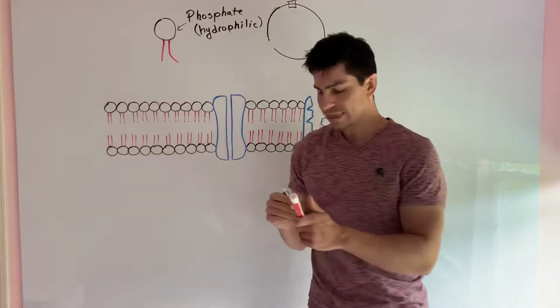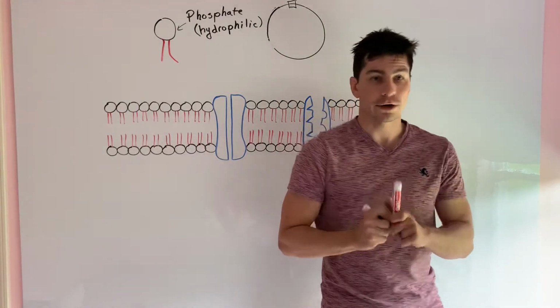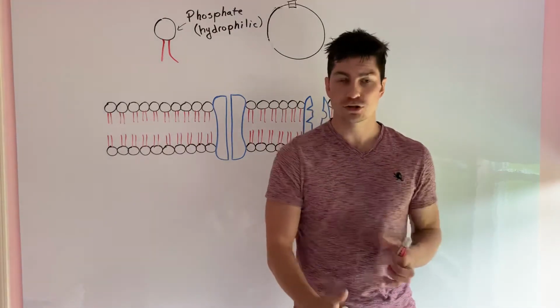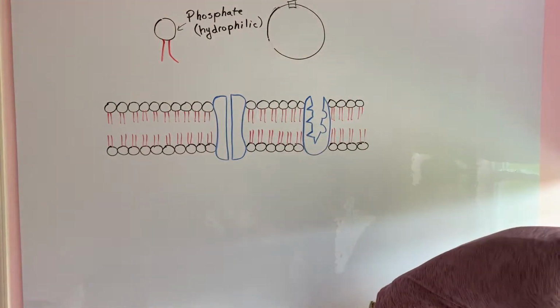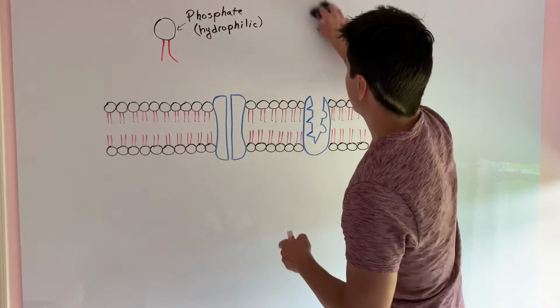What that means, with it being hydrophilic, is it likes water. It can get real close to water. Water will form hydrogen bonds with the phosphate group. In other words, it can get real nice and close to it.